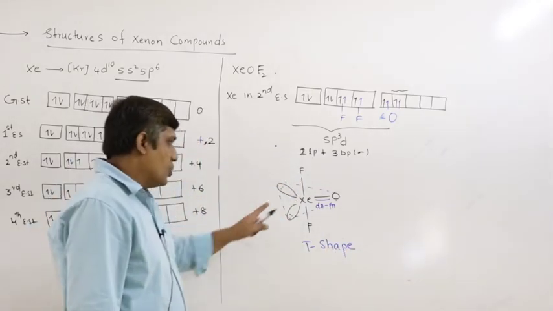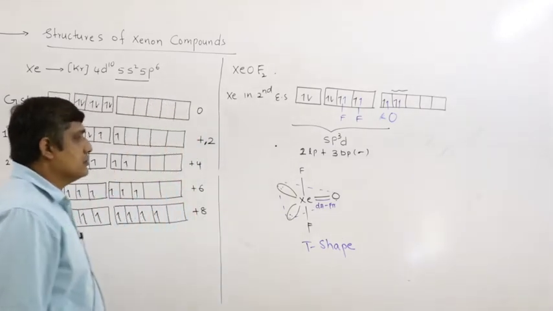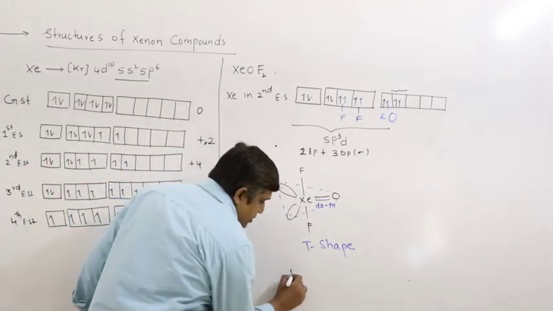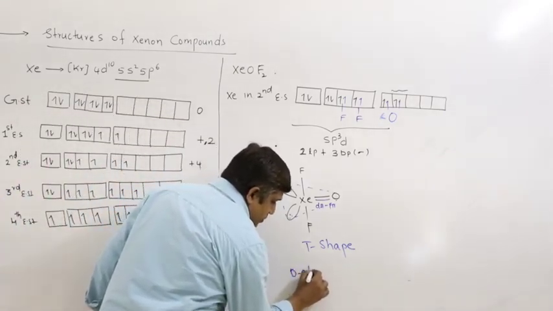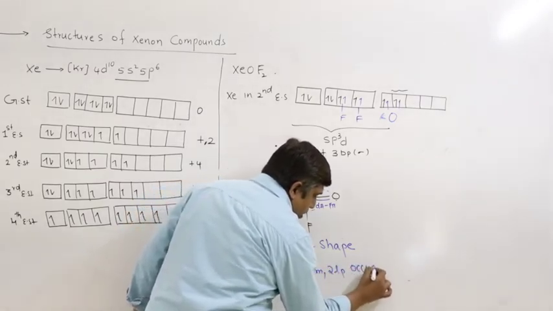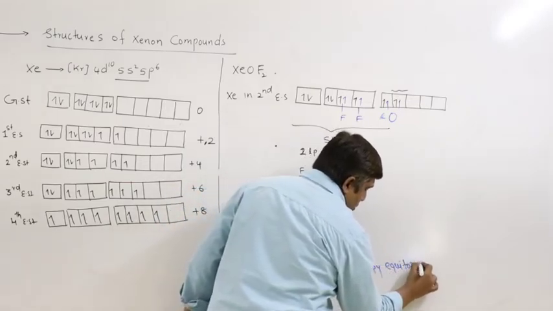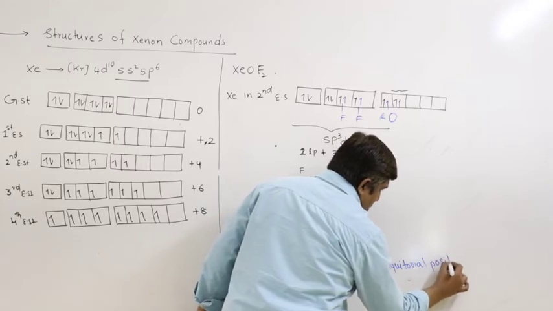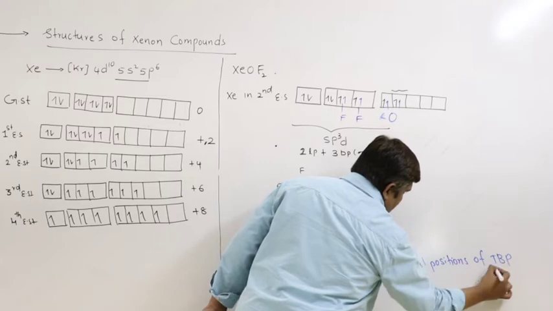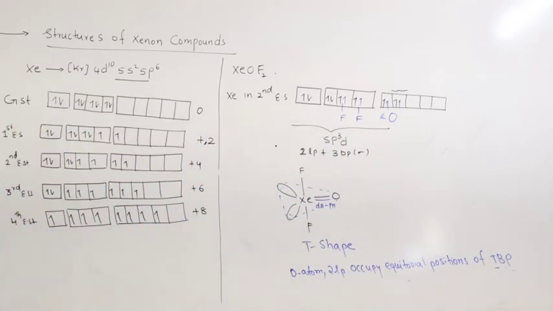Oxygen and 2 lone pairs occupy the equatorial position of the triangle, a trigonal bipyramidal geometry, TBP.